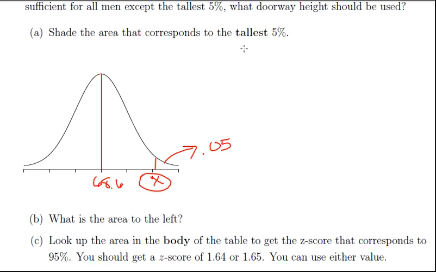So if we're going to do it by hand, we want to find the z-score and then use the formula x equals z times sigma plus mu. So the first thing I want to do is get the z-score. The table gives me the area to the left, and so we want to look up the z-score for having an area to the left of 0.95.